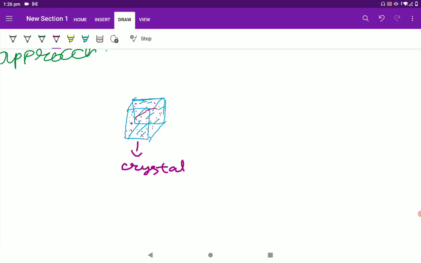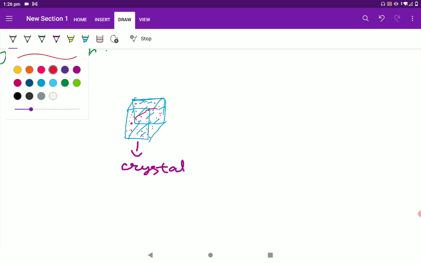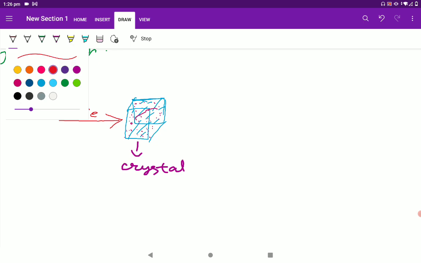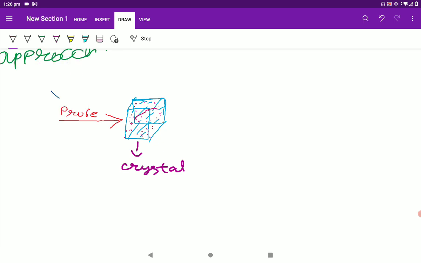and we have the probe, which can be X-rays, neutrons, or electrons. That is the incoming electromagnetic waves. So this is a probe, which can be X-rays or electrons or neutrons.